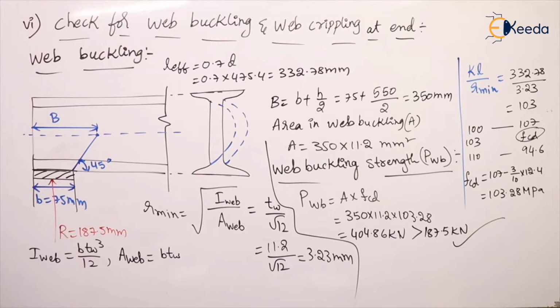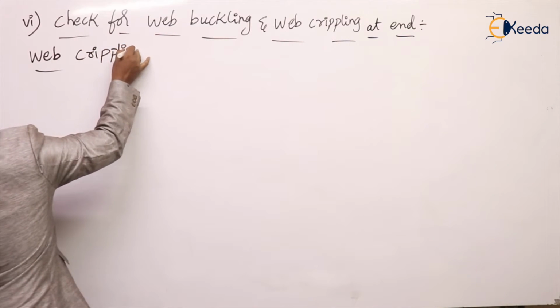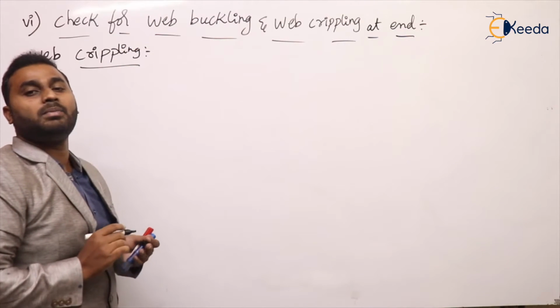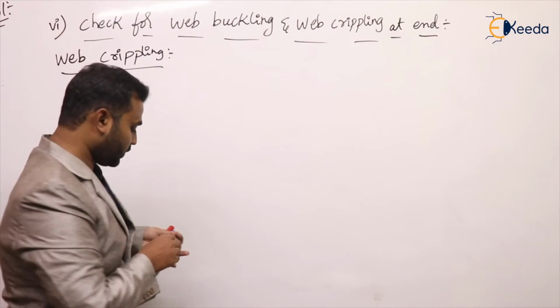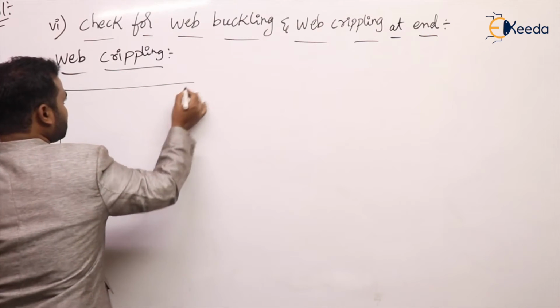Web crippling takes place because of high bearing action, produced due to concentrated load or reaction at the supports. For that also we require the longitudinal view and the cross-sectional view of the section.